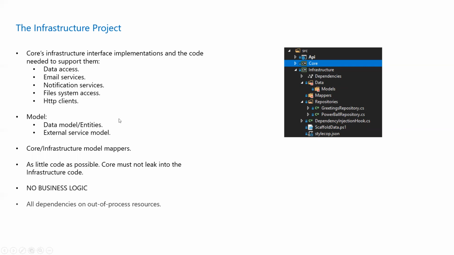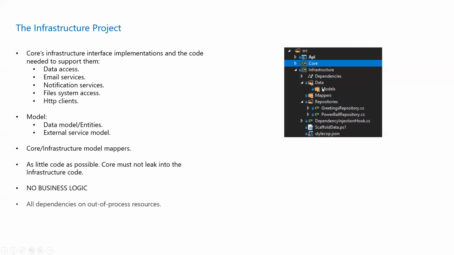This infrastructure project will also have the data models, also called the data entities. In Entity Framework 5, you will have the Entity Framework entities and the external service models. And you can also have the mappers. These mappers will map from the data entities into the DTOs or the domain models.